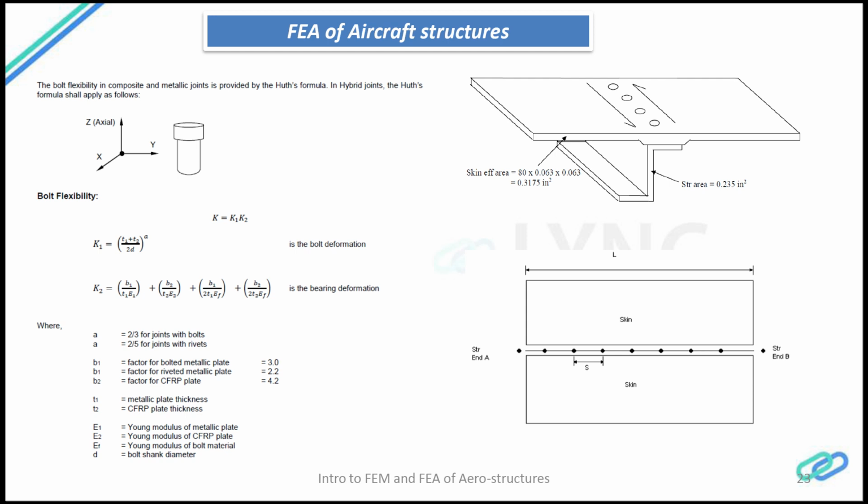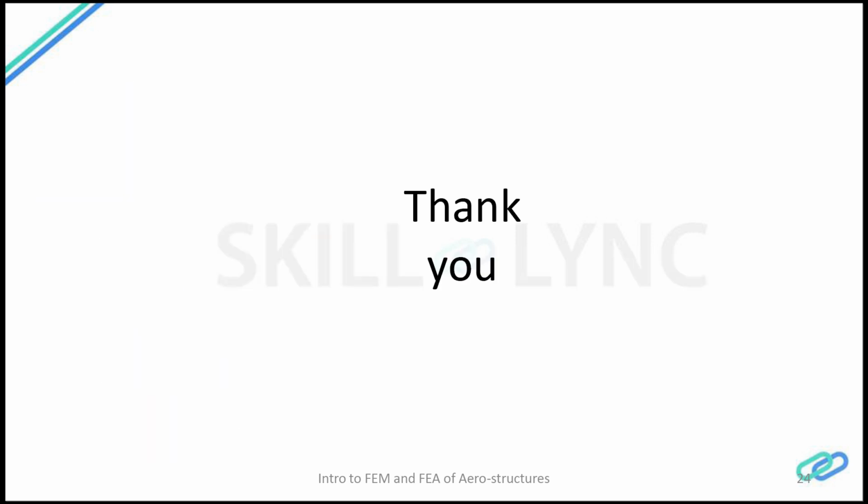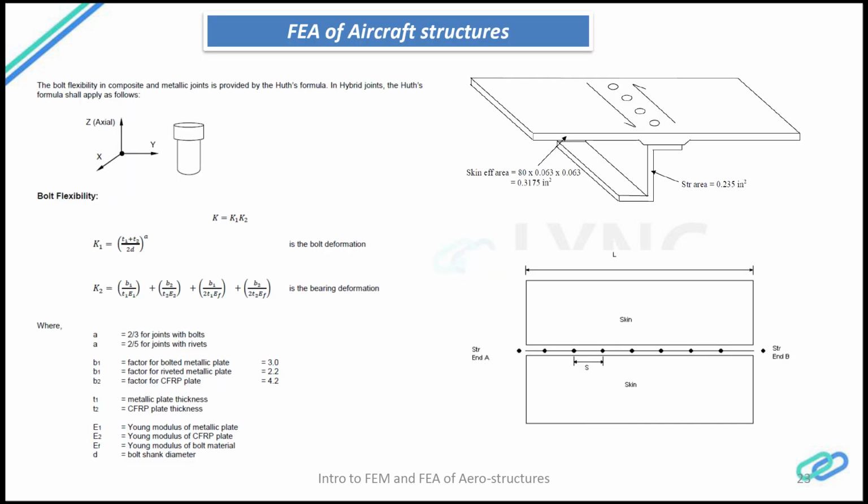This is done using the Hertz formula, which is used for calculating the axial stiffness and the bolt shear stiffness, mainly for the bolt flexibility. In that way you can accurately represent the connection between the skin panel and the stiffener.